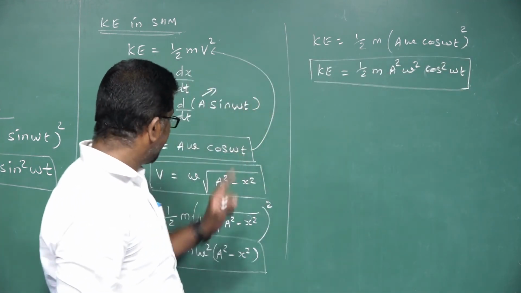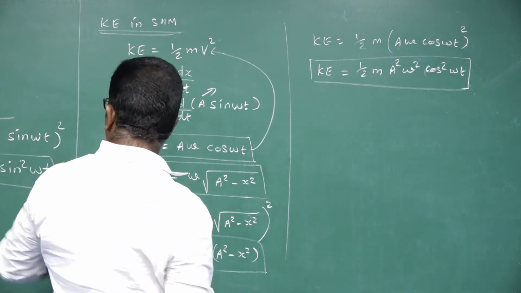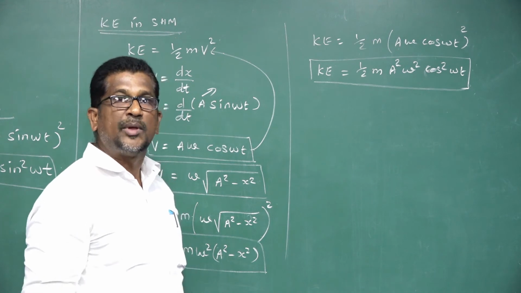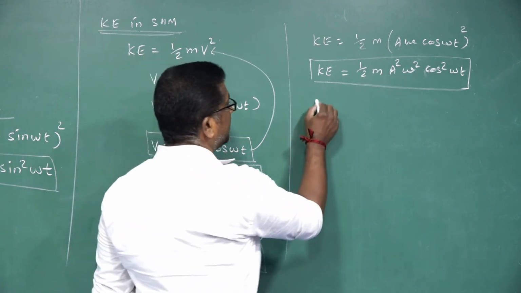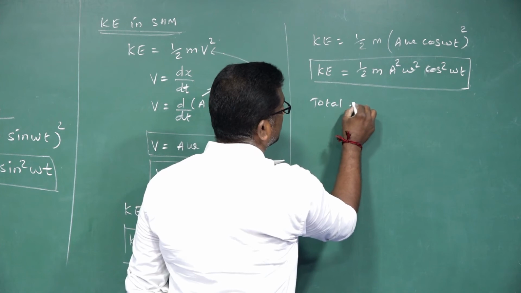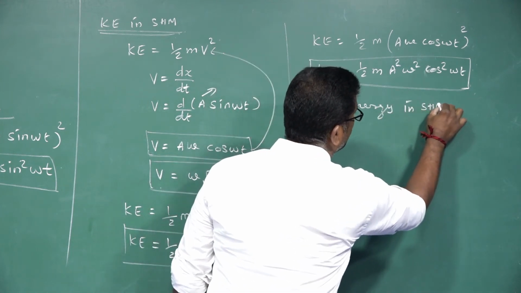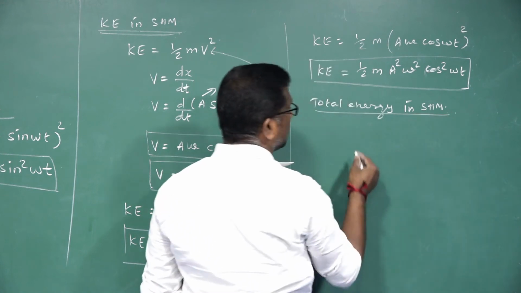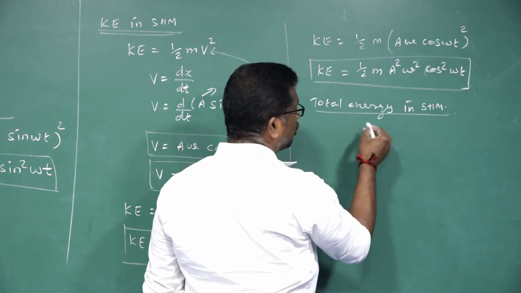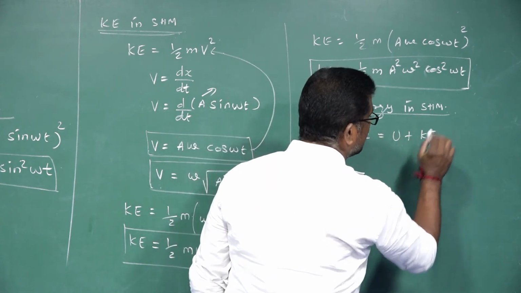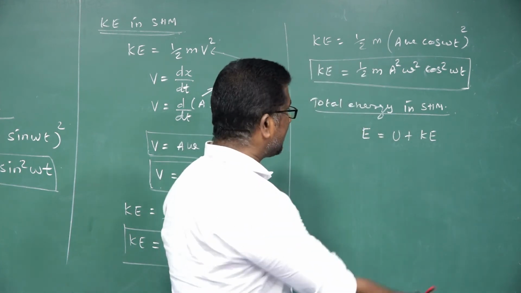So the kinetic energy value is known and the potential energy value is also known. From them we can calculate the total energy of the particle in simple harmonic motion. The total energy is denoted by E, which is equal to the sum of potential energy and kinetic energy.